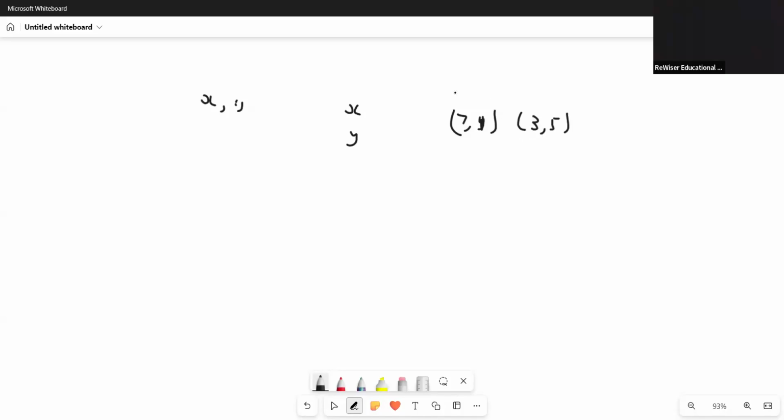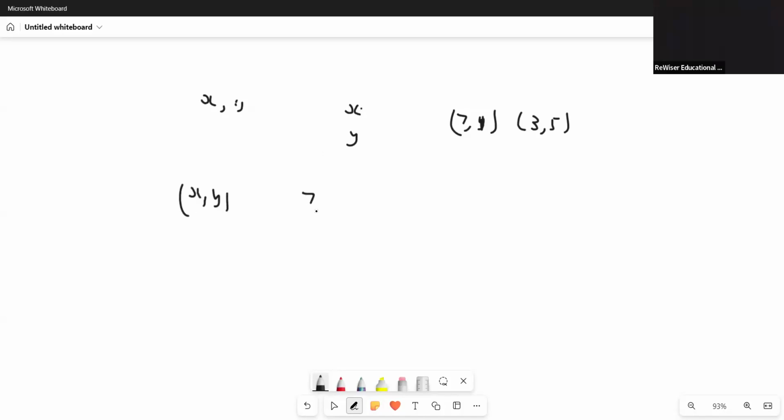So you want to say find the relation between x and y such that the point x, y is equidistant from both of these points. That's what you want to say? Yes, sir.